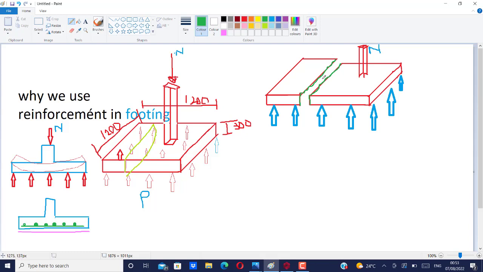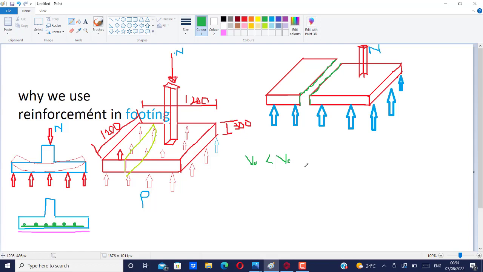If as a designer you are designing, in order for you to be able to arrest this kind of situation, you have to check that your shear stress, let me call it ultimate shear stress V, should be less than your VC.